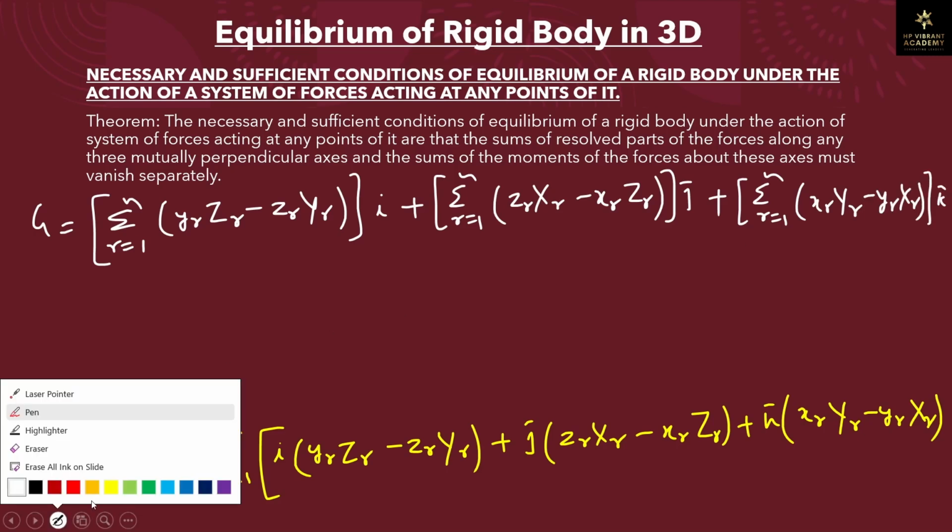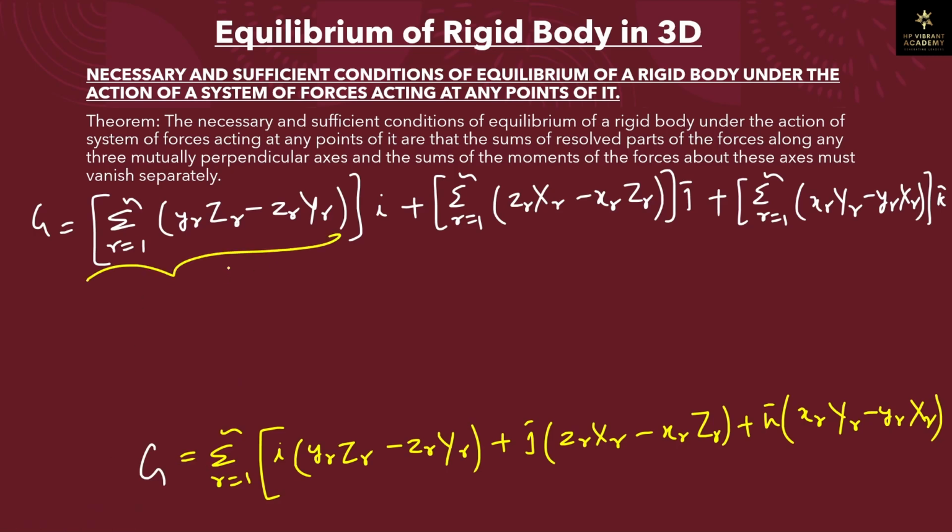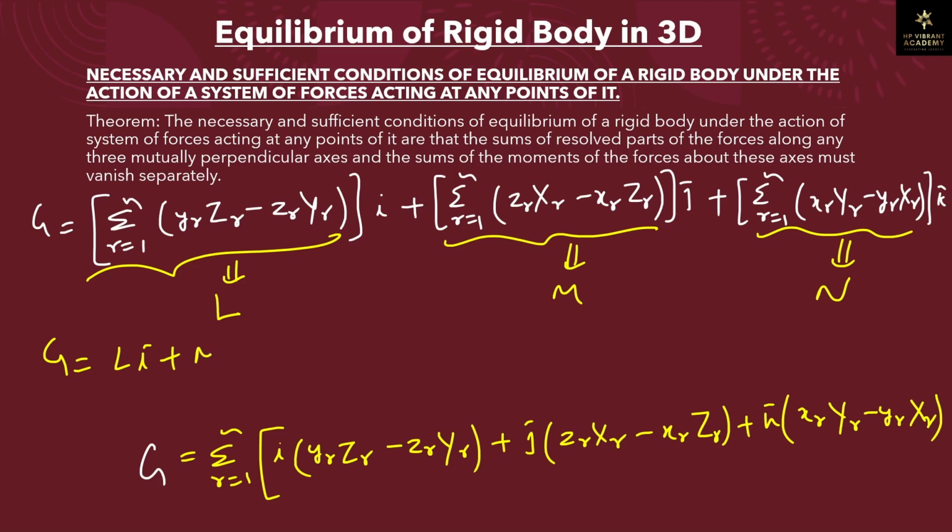So this whole expression is L, this whole expression is M, and this whole expression is N. So G is equal to L I cap plus M J cap plus N K cap.